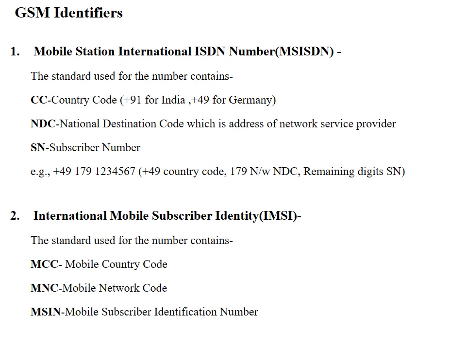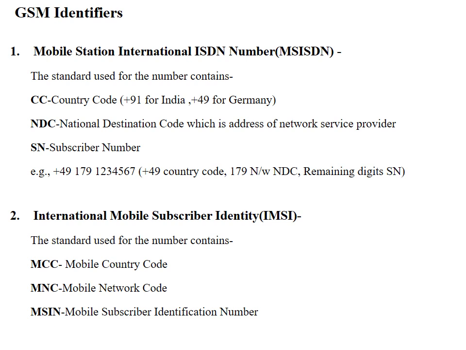First one, Mobile Station International ISDN Number, that is the MSISDN number. This is the only important number for a mobile user of GSM, the mobile phone number. Remember that the phone number is not associated with a certain device, but with a SIM, which is personalized for a user.